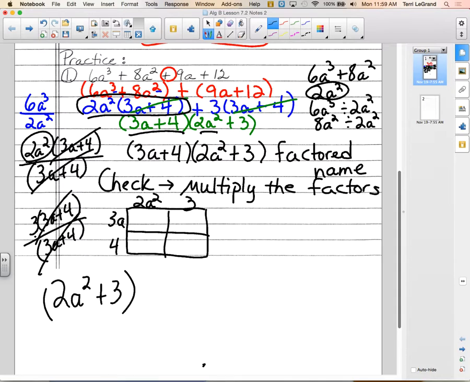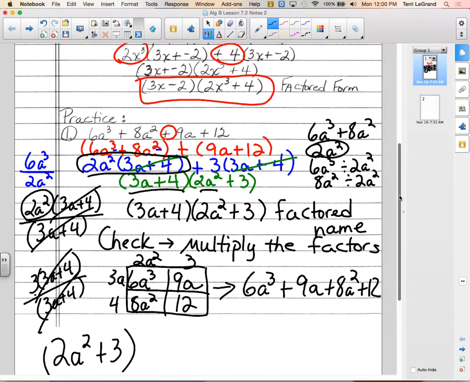Okay. So when I multiply using the rectangle method, my first box gives me 6a cubed. This one gives me 9a. This one gives me 8a squared. This one gives me 12. So my result is, remember, I bring all those out of here and I put them together in an addition problem.